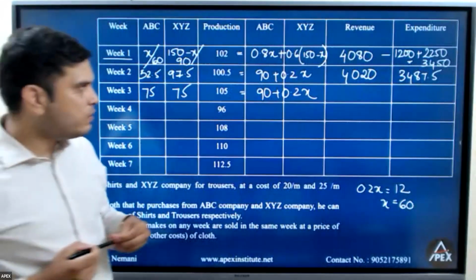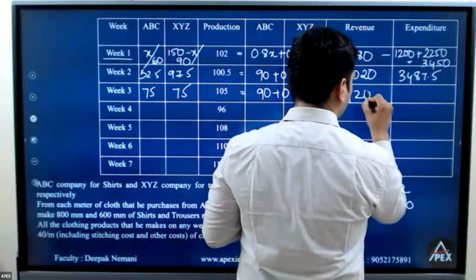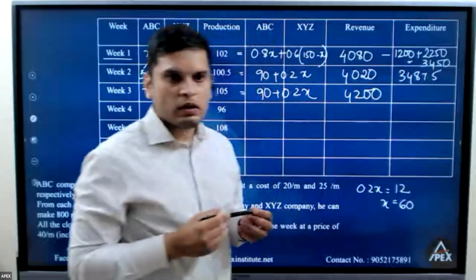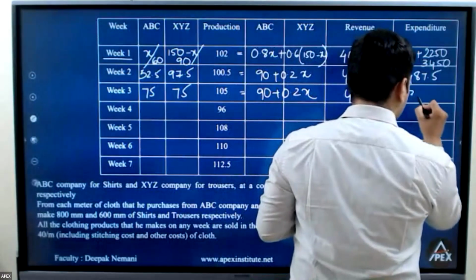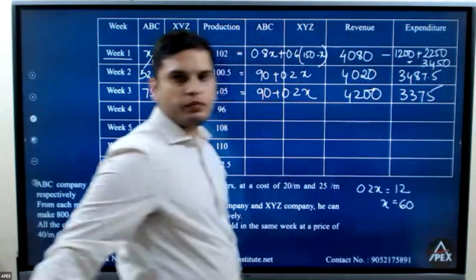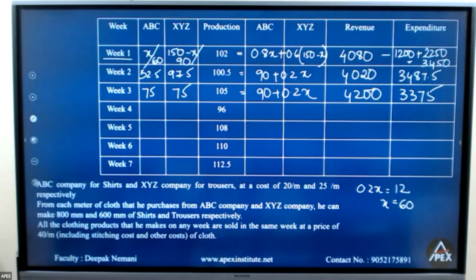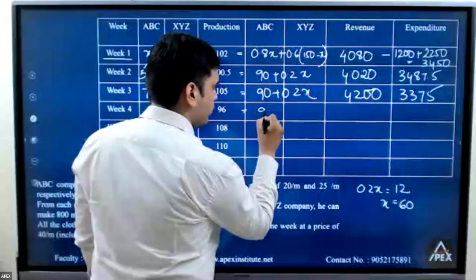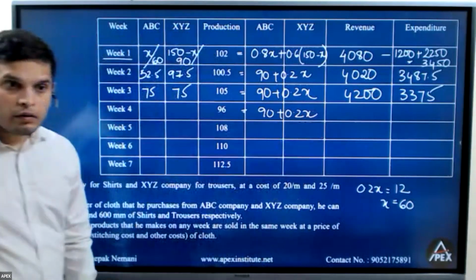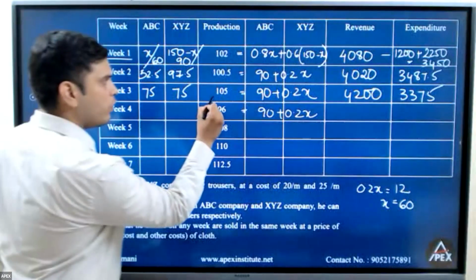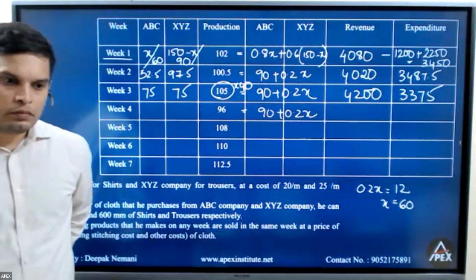Tell me the expenditure. 1875 plus 1500, 3375. Now week 4. Is this the revenue? So 105 into 40, right?